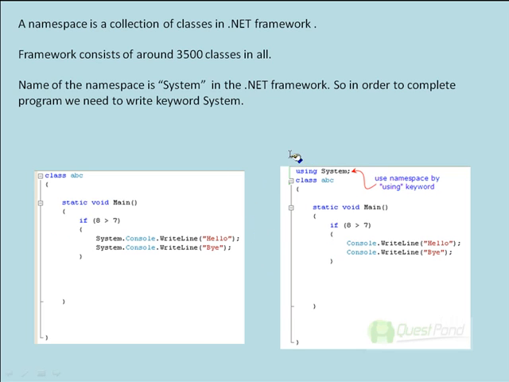Now we have completed the program by writing the namespace name at the top of the program before declaring a class: using System. Now you might be wondering, what if we include the keyword Console in the using statement, by writing using System.Console, will it give us the same output?